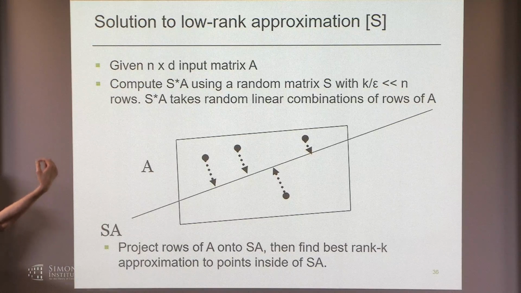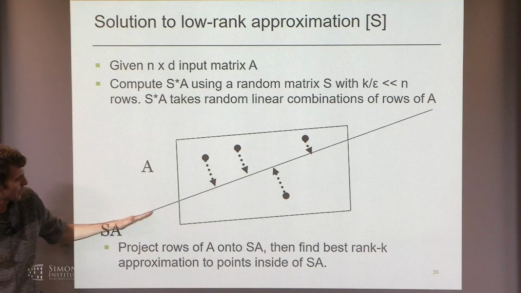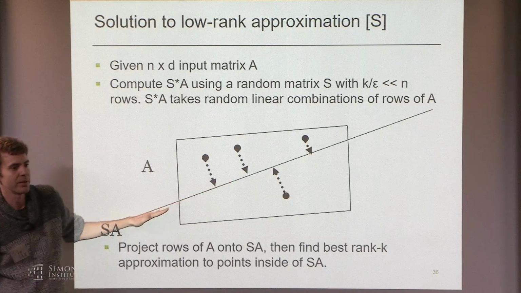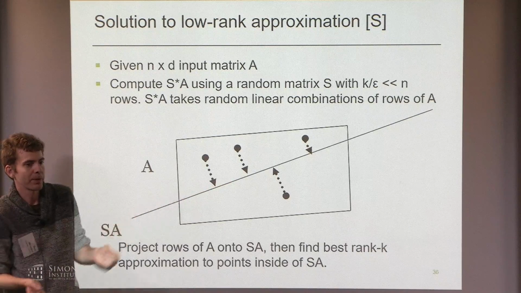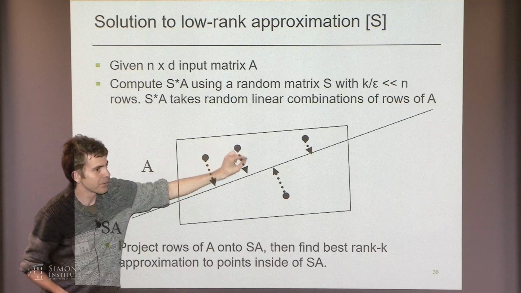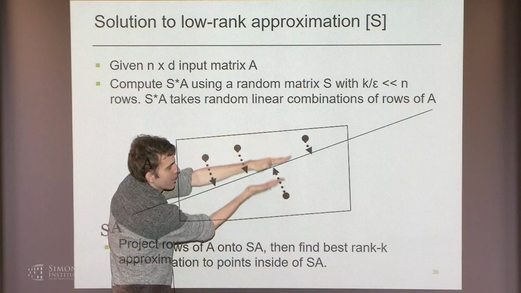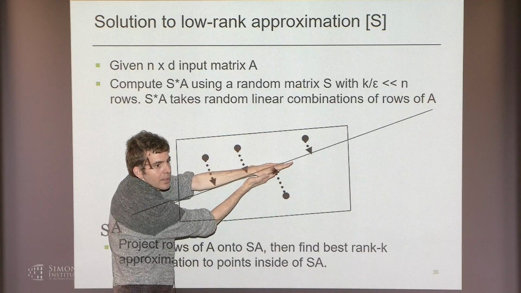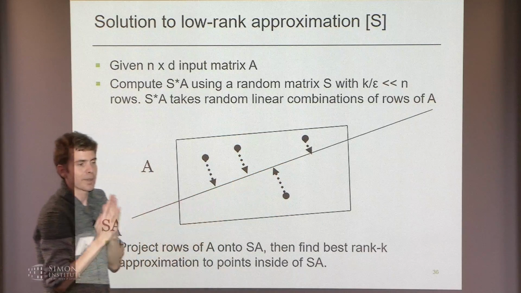Now I can look at the span of those k over epsilon rows, any linear combination of them. And that's what I'm drawing with this line. It's a subspace of R to the D, all the points inside of that space. And I'm taking each of my n original points and projecting them onto that span. So this is the row space of S times A? The row space of S times A.